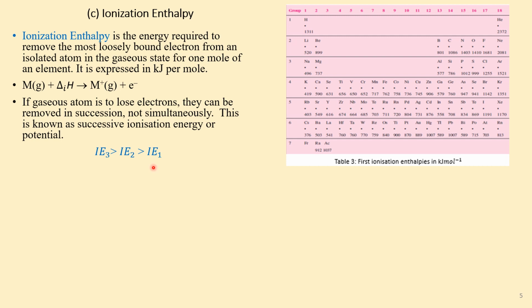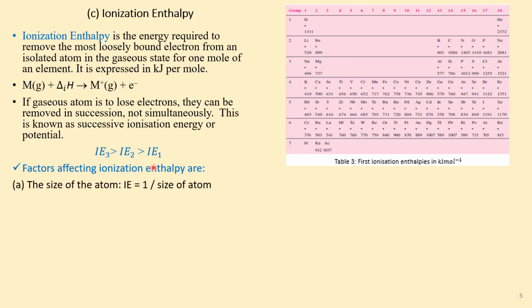Now we will quickly go through the factors affecting ionization enthalpy. These factors are the size of an atom. Ionization enthalpy is inversely proportional to the size of atom, that is 1 over size of atom. Nuclear charge: ionization enthalpy is directly proportional to the nuclear charge.